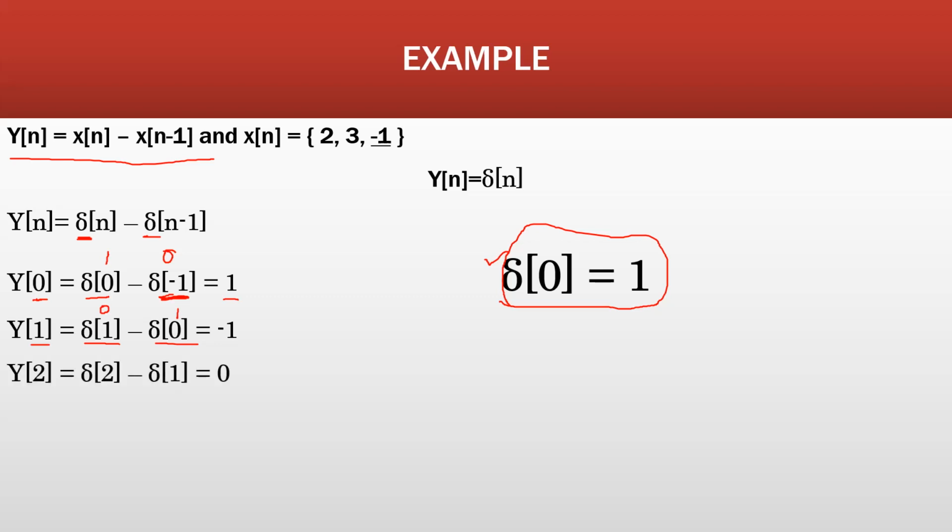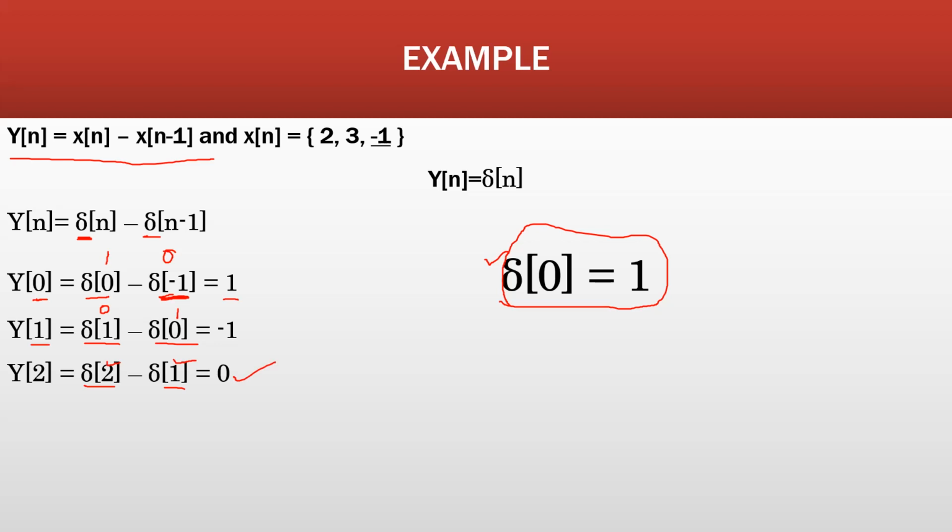Now in the next step, we are taking the value of n equals 2. This will become delta of 2 minus delta of 1. As delta signal is only 1 when n equals 0, here both are nonzero indices. For all the other values of n other than 0, it will give 0.